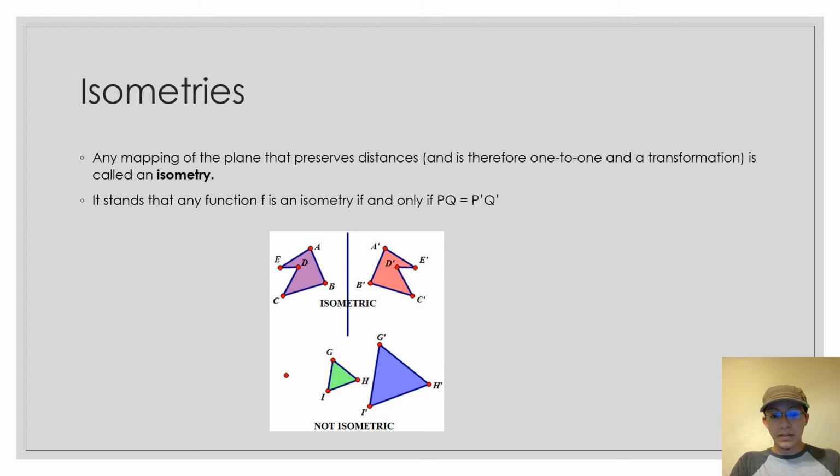The lines of the smaller triangle do not have the same distances as the larger triangle on the right. Whereas in the top one that is isometric, you can see E to A is the same distance as E prime to A prime, and likewise for the rest of the distances between the left and the right image.